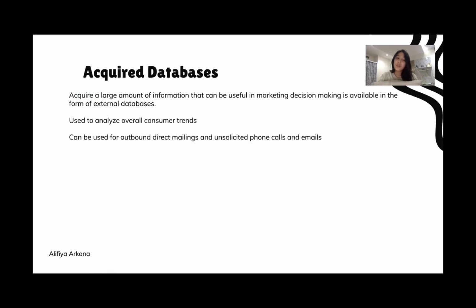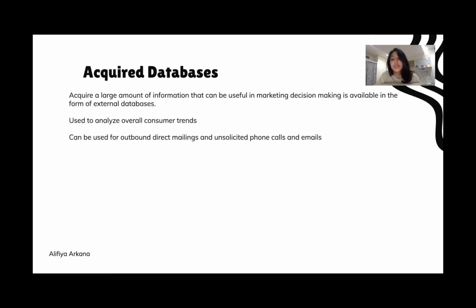The next one we have is acquired databases. A large amount of information that can be useful in marketing decision making is available in the form of external databases. It is used to analyze overall consumer trends, and it can be used for outbound direct mailings or unsolicited phone calls and emails.